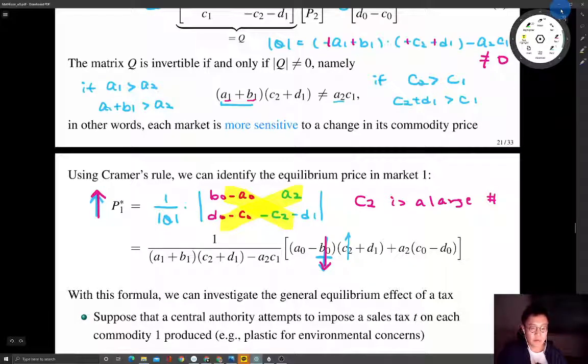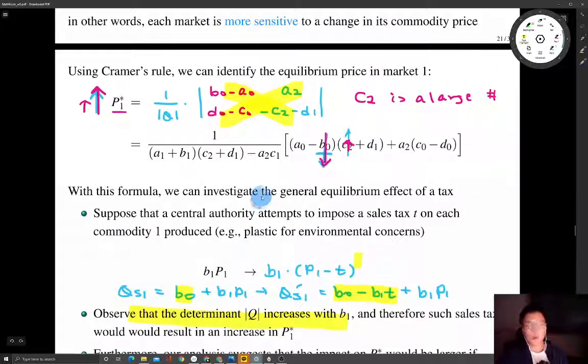But if C2 is a very small number, even if you have a reduction in B0, the impact on the price of good 1 will be very small. It will go up, but the magnitude of the increment will be very small.